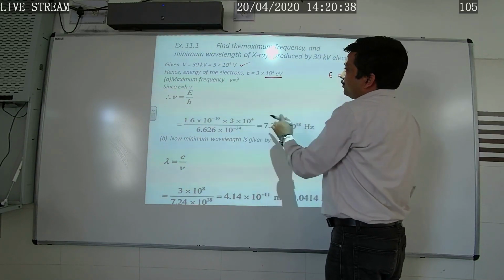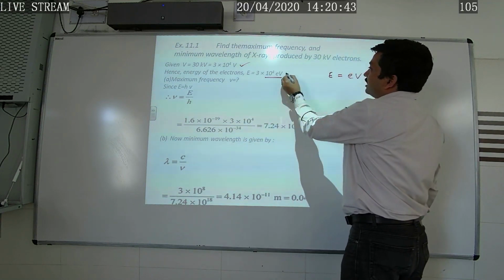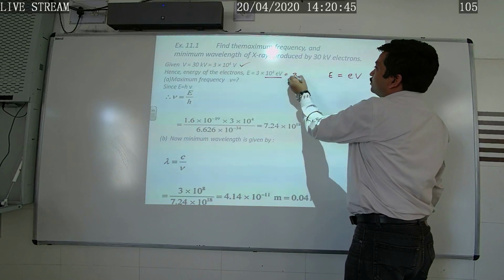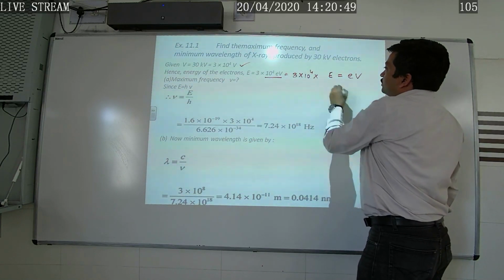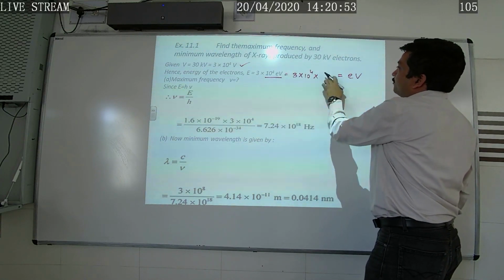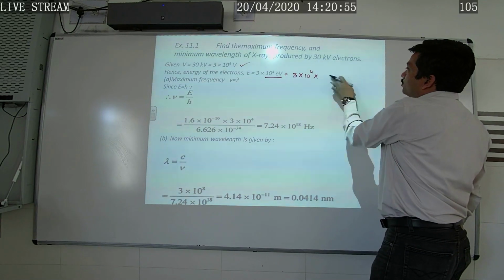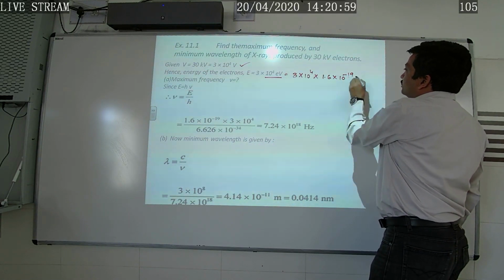If I want to write it in joules, the SI unit, then it will be 3 into 10 to the power 4 into the value of 1 electron volt. And the value of 1 electron volt is 1.6 into 10 to the power minus 19 joule.